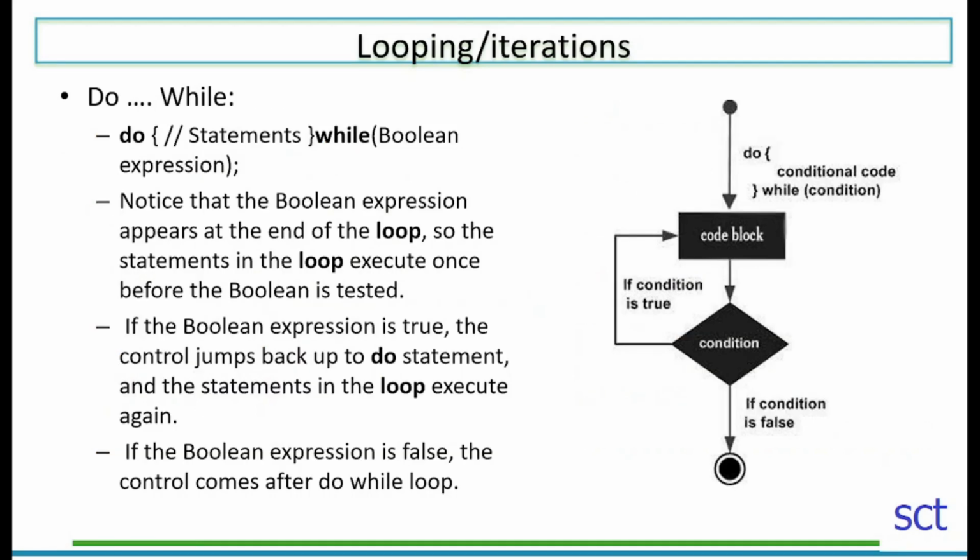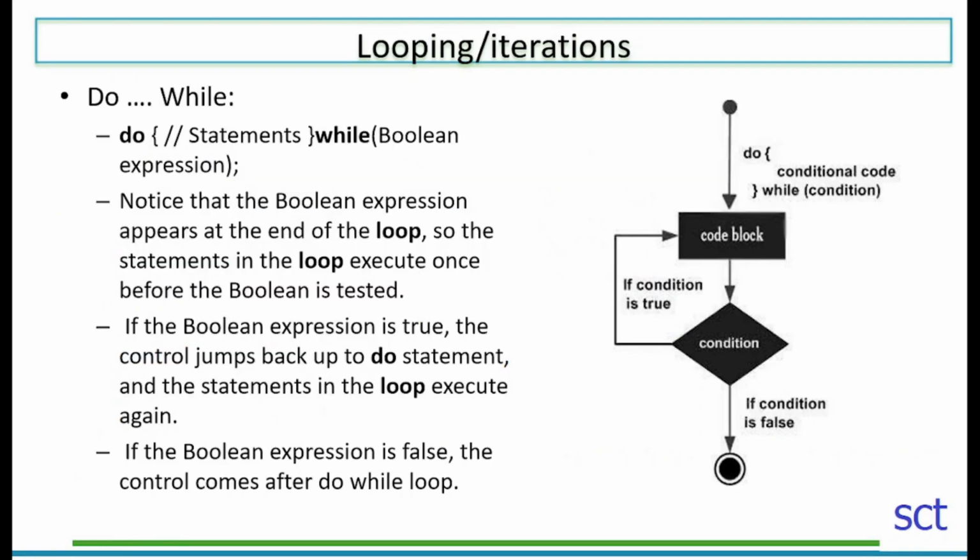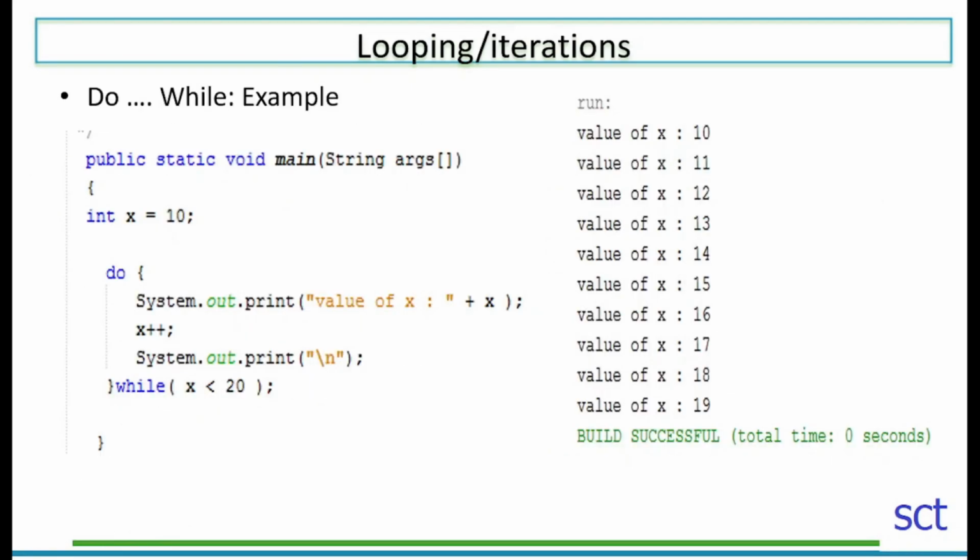In the while loop, I am checking the condition, and based on the condition, it will enter the execution block. But in the do while, first it will enter the execution block, then it will check the condition here.